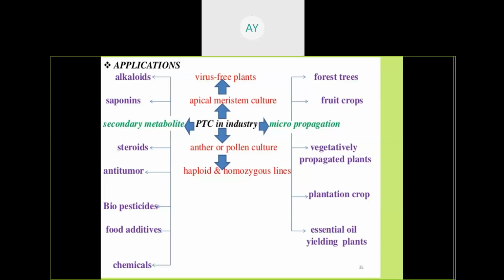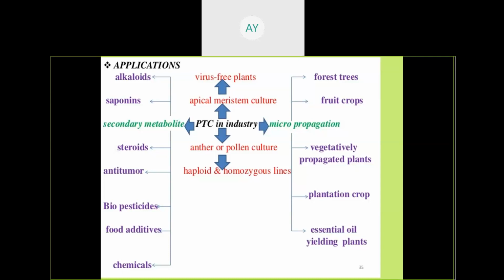It can be of ornamental plants, vegetable plants, or fruit bearing plants. We get the virus free plant and we rapidly multiply that particular variety, particular genus of plants, through plant tissue culture.